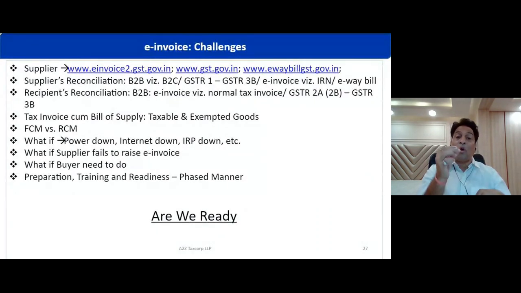Second, what needs to be done? You have seen that they have taken up aggregate turnover of more than 500 crore, meaning thereby they are only covering around 7,500 PAN-based companies, which is around 48,000 GST numbers, approximately 0.2% of the total GST taxpayer base.